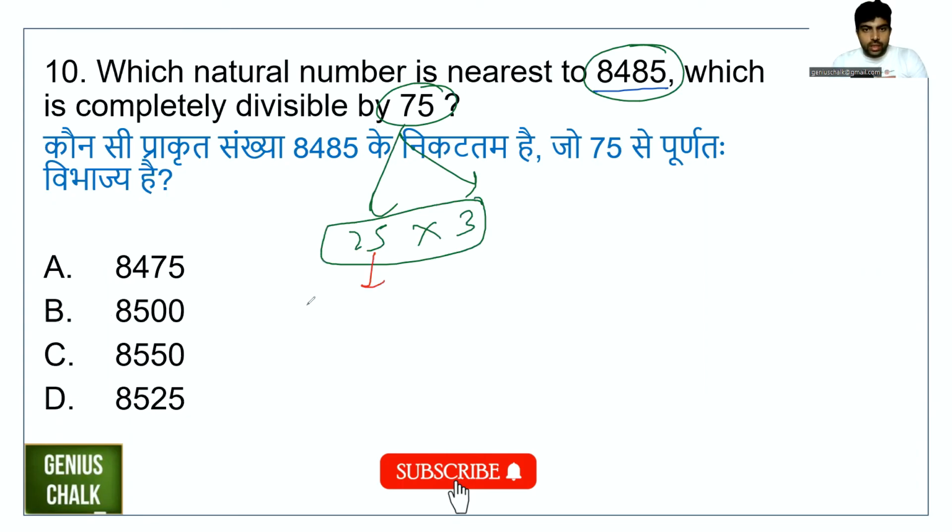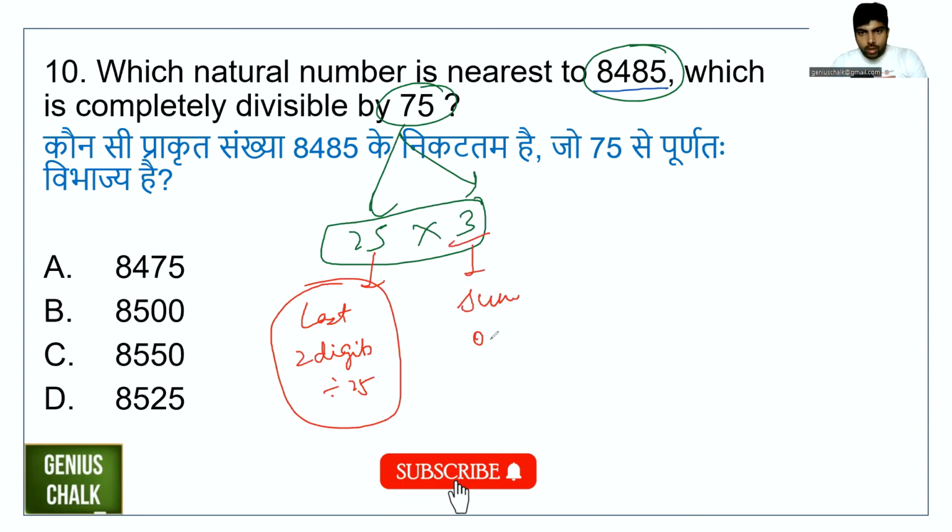The last 2 digits must be divisible by 25, right? And for 3, you know, the sum of the digits must be divisible by 3. Then only we can say the number is divisible by 3.